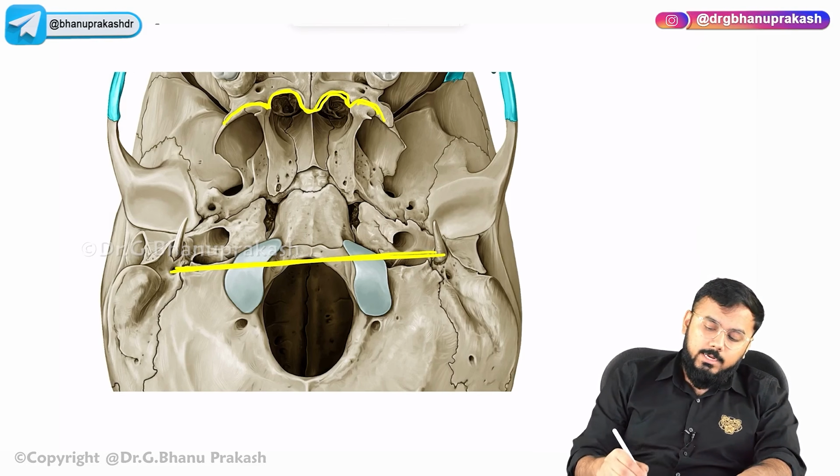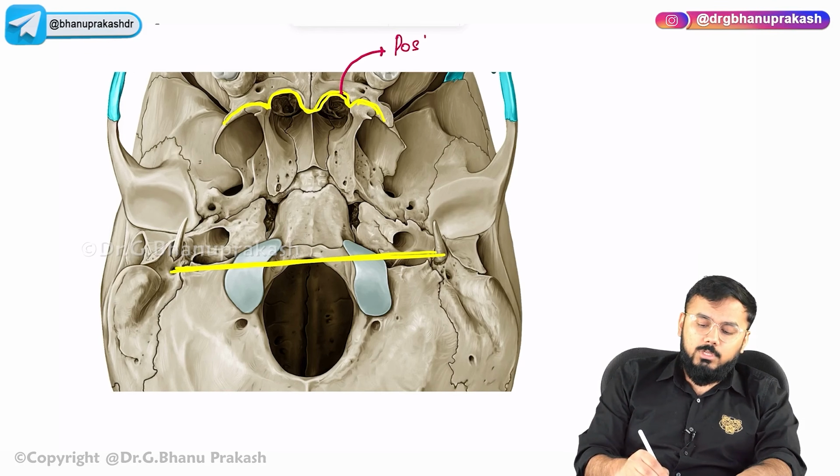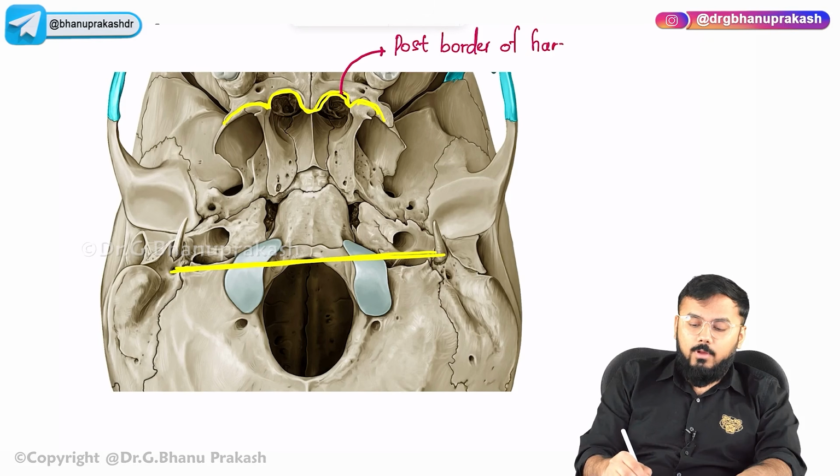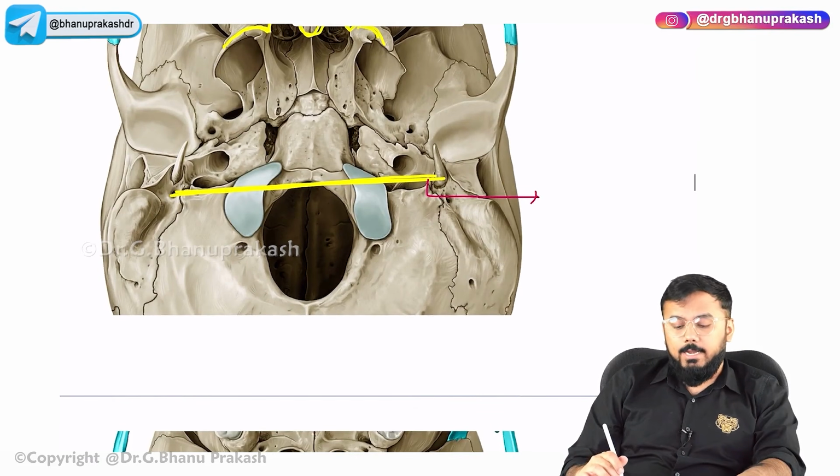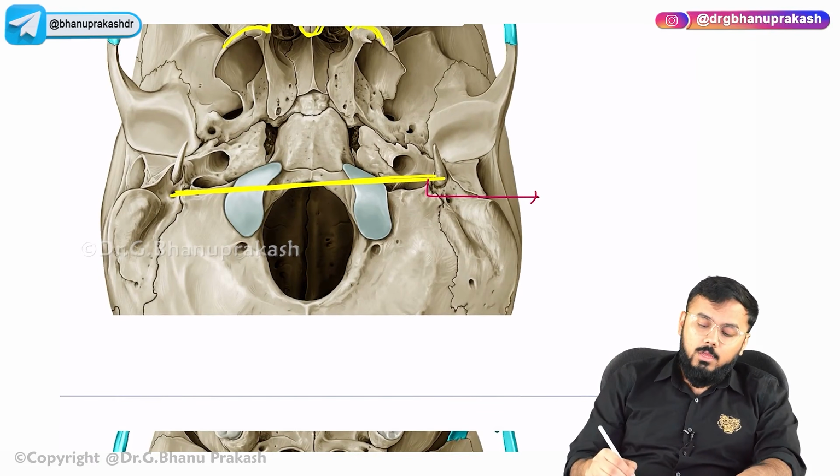So this entire part, and by the way, what is this? This is your posterior border of hard palate. And what is this line over here? This is an imaginary line drawn along the upper margin of foramen magnum.